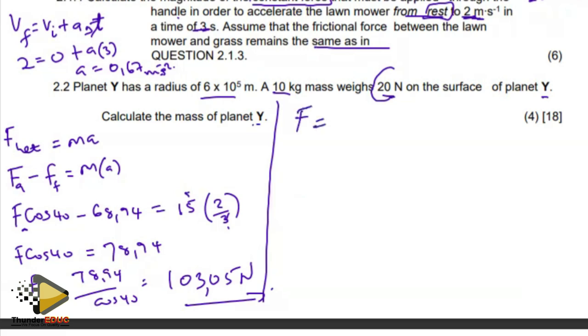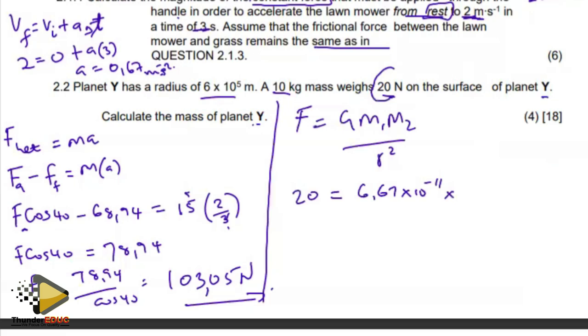So from F is equal to G M1 M2 over R squared, my force is going to be 20. The question wants the mass. I know my G from the information table, 6.67 times 10 to the negative 11.